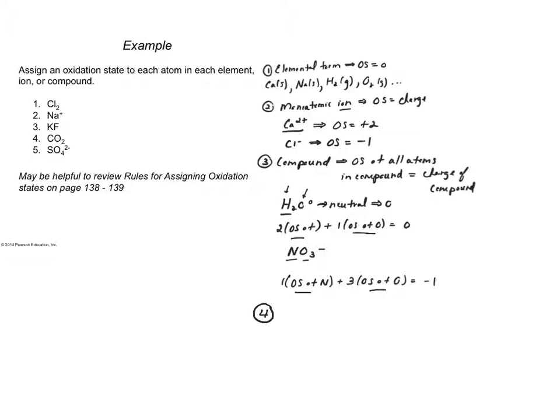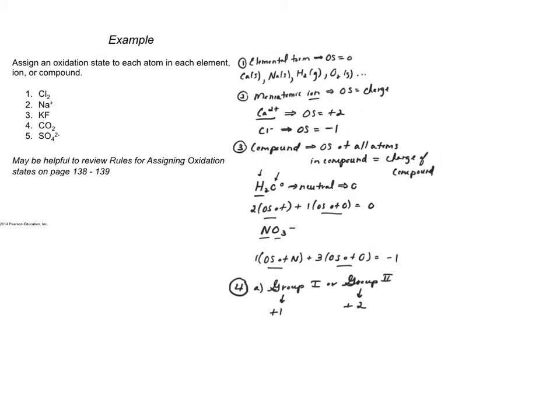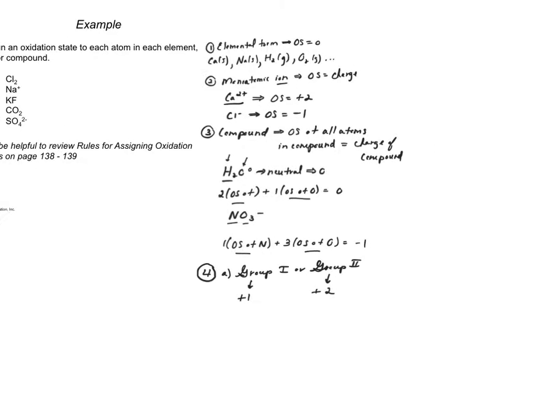So, for example, in rule number 4, the first rule is that any group 1 or group 2 metal, so that's the first two columns, column 1 versus column 2, we're going to give them just their overall normal charge. So any group 1 metal would have a +1 oxidation state. Group 2 metals have a +2 oxidation state. So those are the easiest to predict. They're the ones that come first.